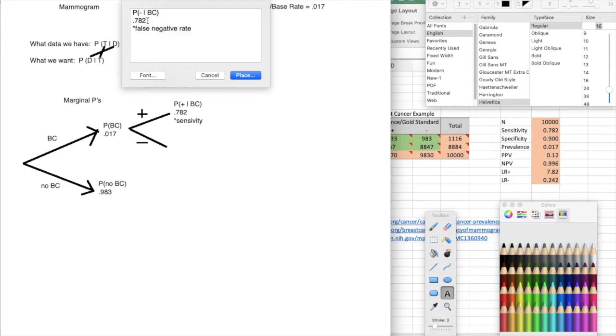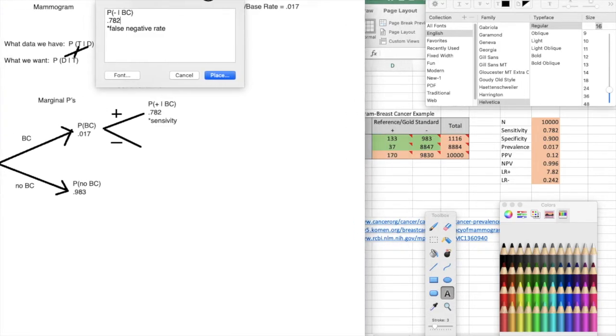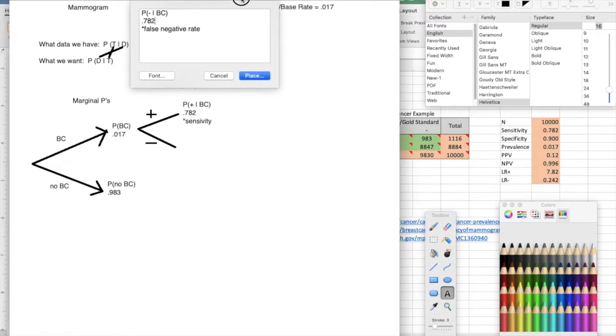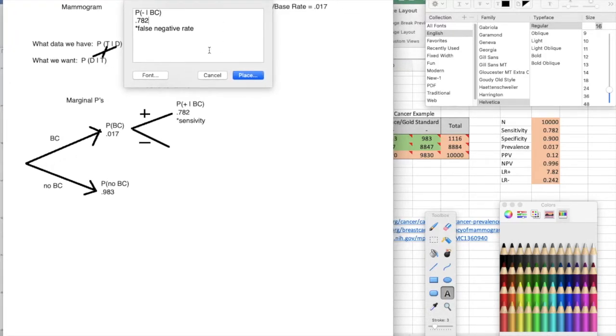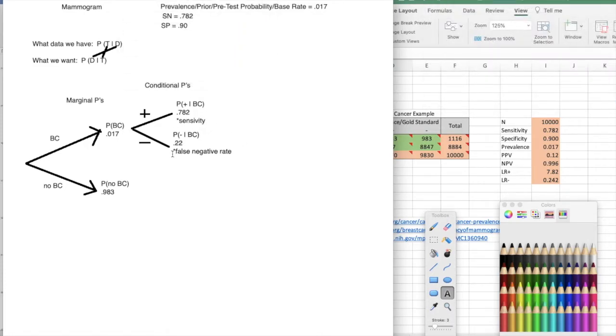And that is 0.22. Because these are complements. They have to add up to 1.